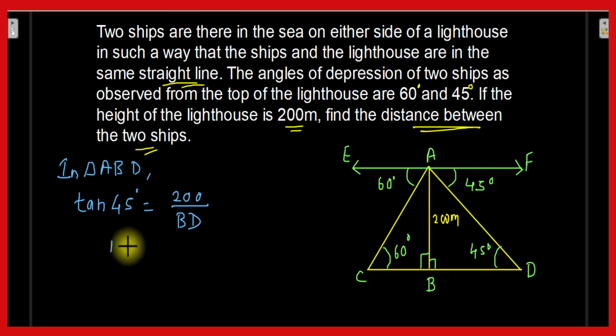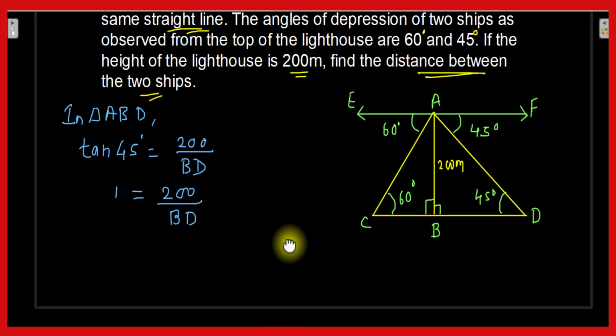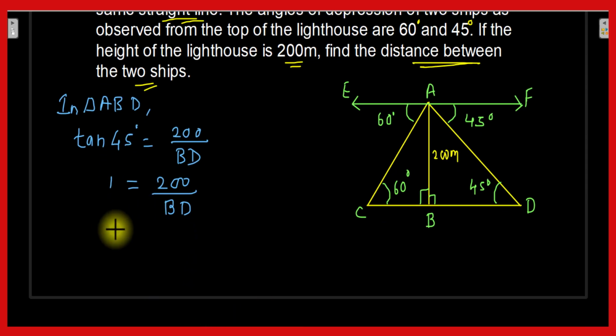Now tan 45 is 1, so 1 is equal to 200 upon BD. Now take BD to this side and you will get BD is equal to 200 meter. So we have got this length as 200 meter.